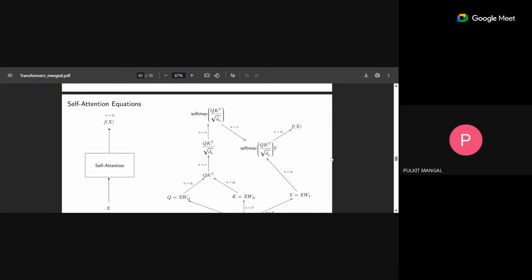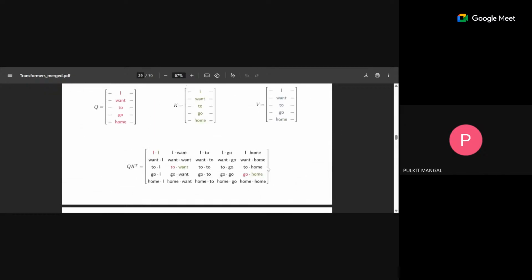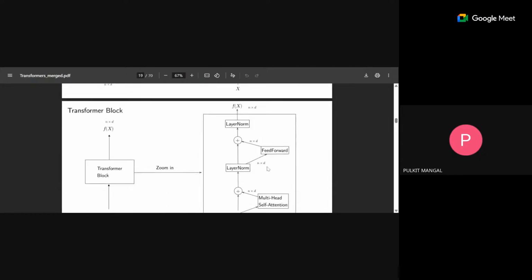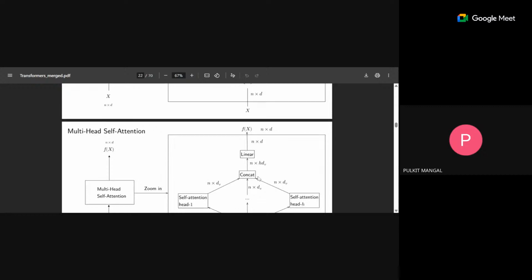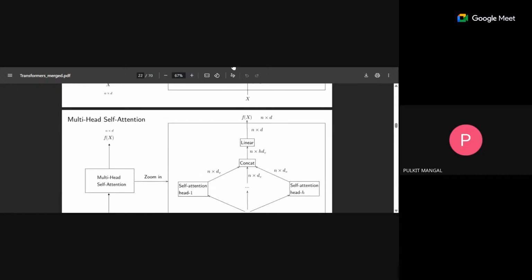So let me go back here to the transformer block. Each of these attention blocks can have their input passed parallelly. The final output of each block would be n cross dv. We concatenate them and pass it to a linear layer, and the output of that would be the output of one multi-head self attention.